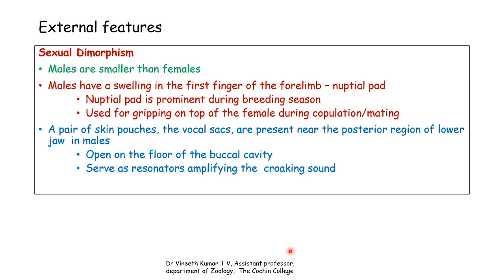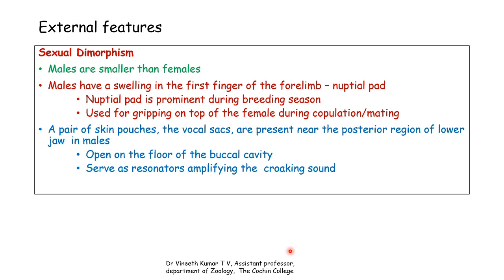In sexual dimorphism, the males are smaller than females. The males have a swelling on the first finger of the forelimb, which is called the nuptial pad. This nuptial pad develops only during the breeding season, and its main function is to grip the female during copulation or mating.